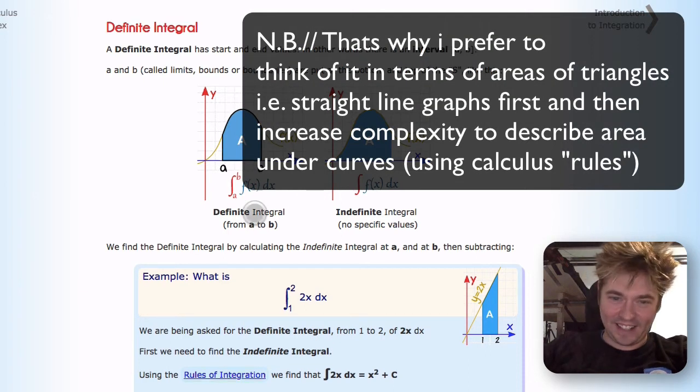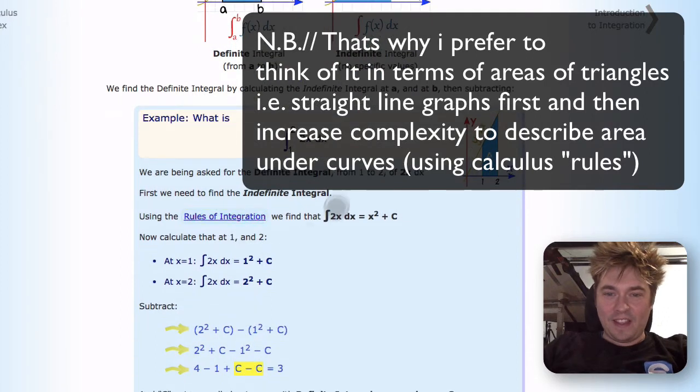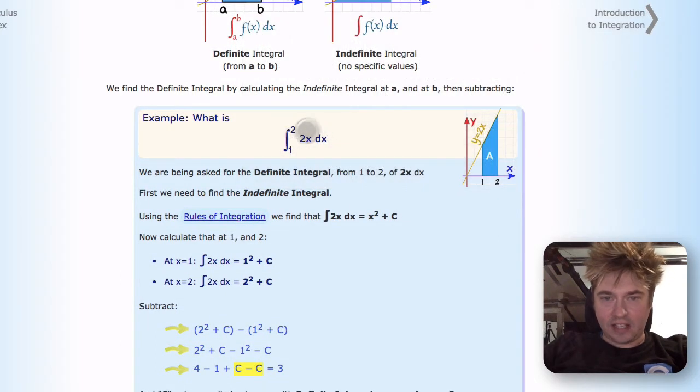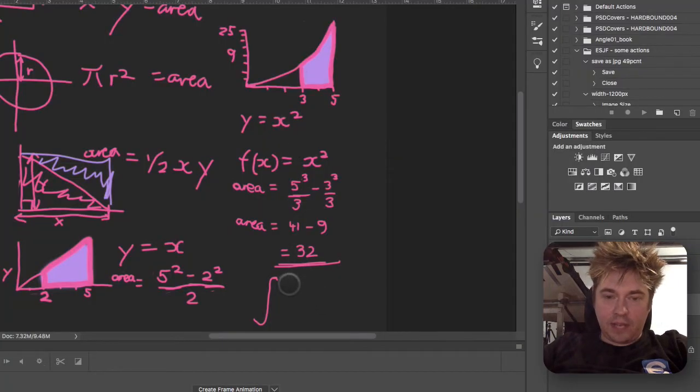If that makes any sense. But as soon as you get dropped into calculus, you start seeing this, and they start explaining that before they've done the bit that I've explained. So hopefully by starting from basics, where we were talking about the triangles, it makes a little bit more sense.